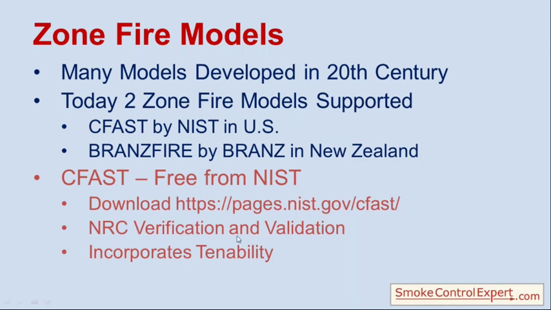CFAST is unique. There are very few computer models that have passed the verification and validation program of the U.S. Nuclear Regulatory Commission. And that means that it can be used in the United States for design analysis for nuclear reactors.